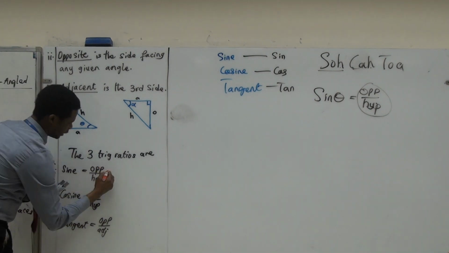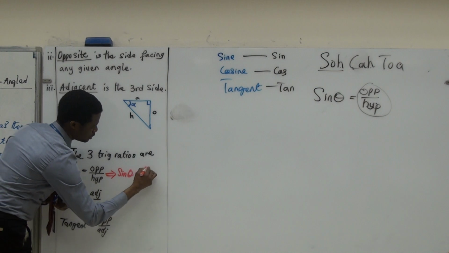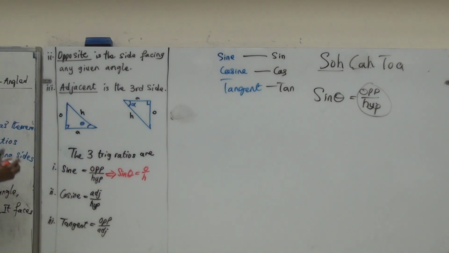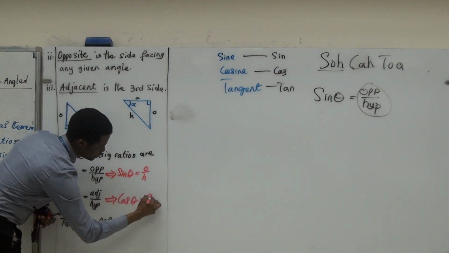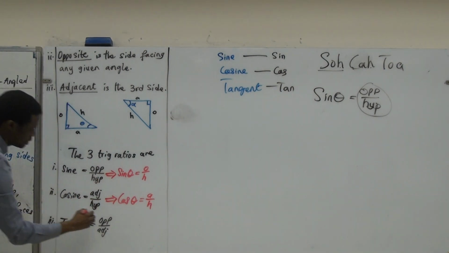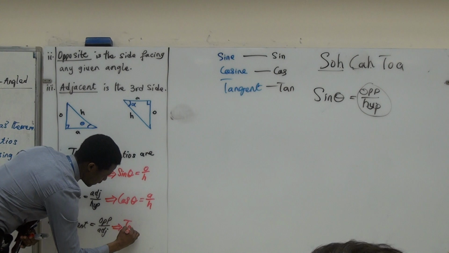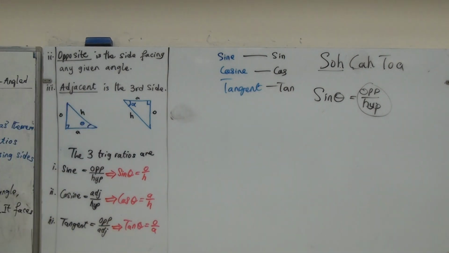So in summary, this is what we just write. Sine theta equals O over H, or opposite over hypotenuse. Cos theta is A over H, which means adjacent divided by hypotenuse. And tan theta, where theta is the angle this time. If your angle is alpha, it will be tan alpha. Okay?